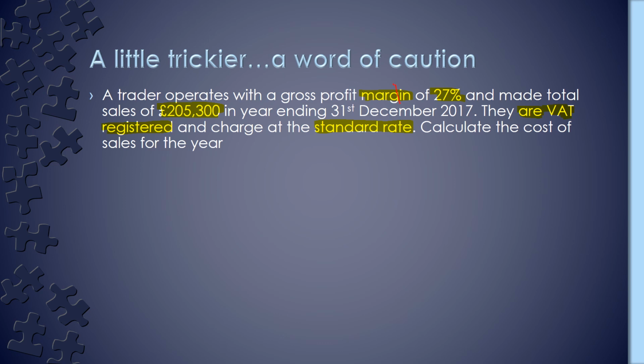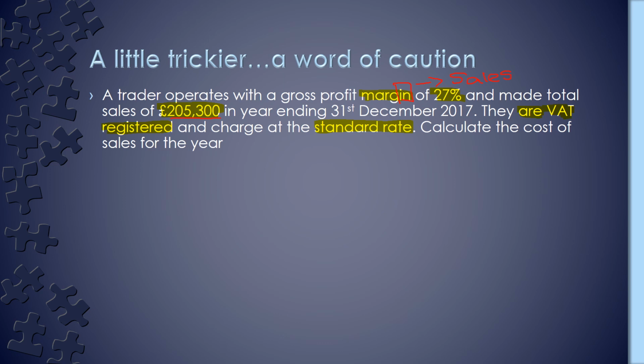So first of all, we're working with margin, so everything gets based on sales. But before we can decide what figure makes up our 100%, we need to work out what the net figure is of this. And people have various different ways of working out their net figure for VAT. So please use your preferred method, but you should get back to the answer that I've got here.